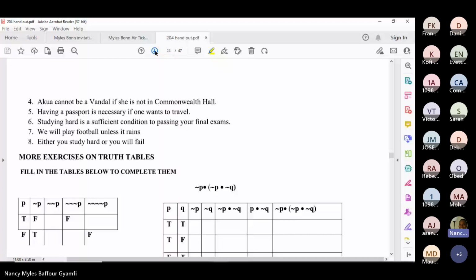If she is not in Commonwealth Hall, not C conditional V. Look at the second one: cannot be a vandal. Not C conditional not V. Well done. You see that you know it all, but you just have to be particular about details. When you do these courses, you become detail inclined.